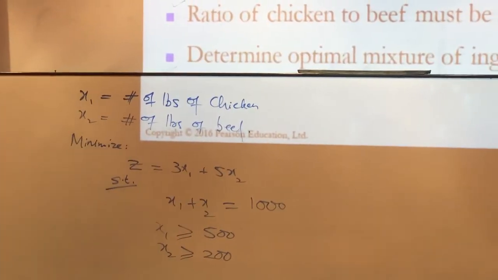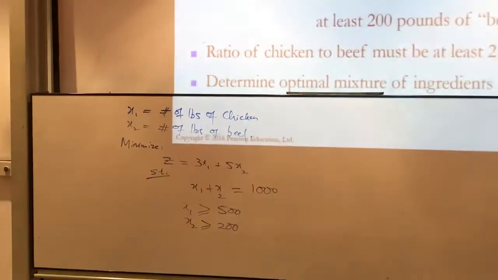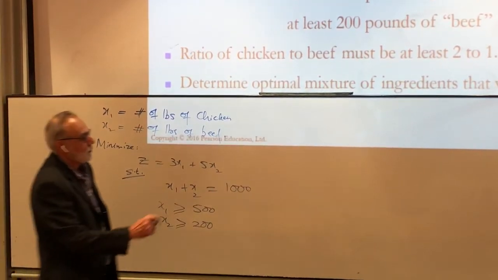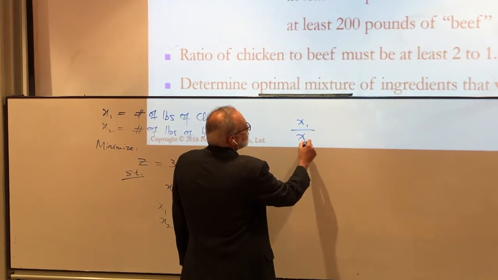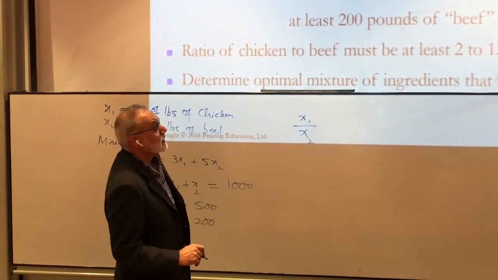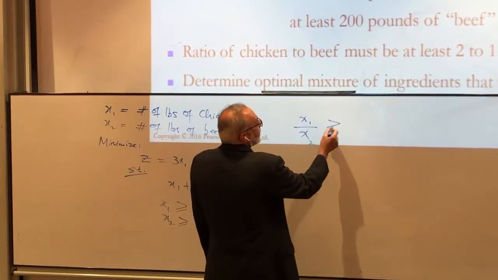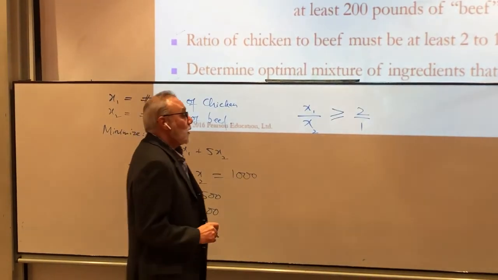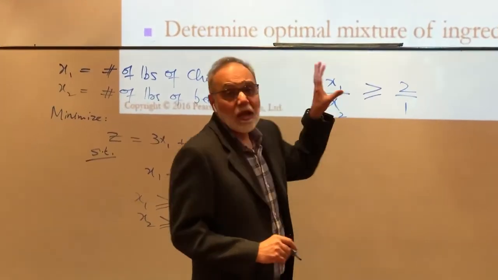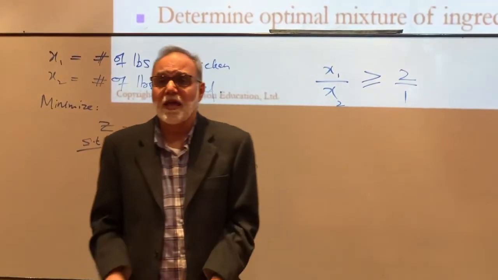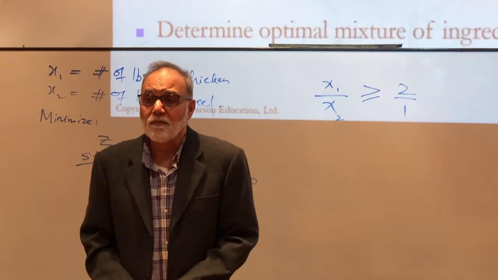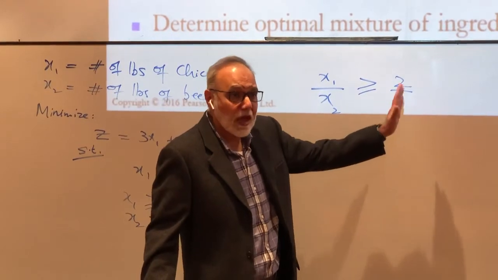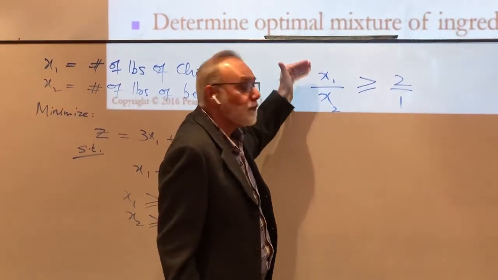Another constraint is there. Ratio of chicken to beef must be at least 2 to 1. So x1 over x2, and again it is at least, which means greater or equal to 2 over 1, 2. Okay? Now, if we have to give it to solving for Excel or some other program, we require that the right hand side should be some value, but not in this format.